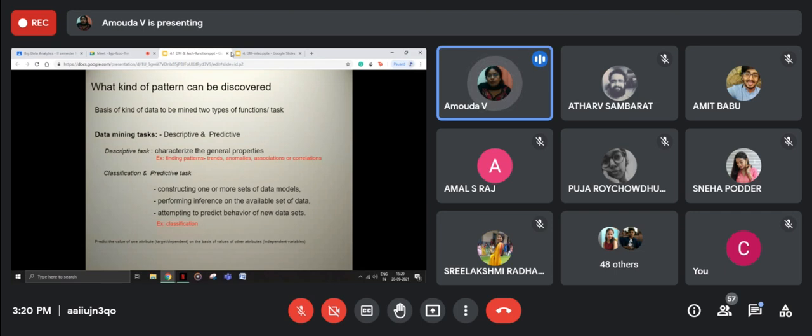Actually, this algorithm will give the rules of characteristics. We call that rule the characteristic rules. The characterization of this data will be produced in the form of characteristic rules, or you discriminate the data. We'll have two types of data, one class data, the other concept data.